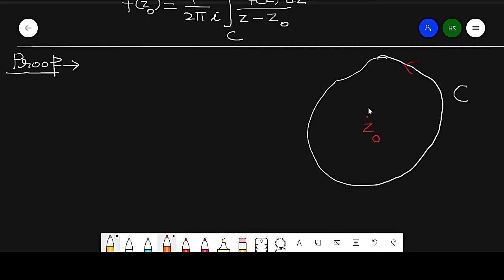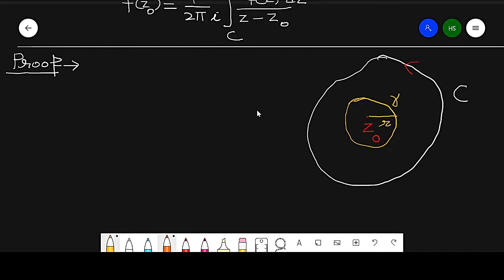Now we consider a circle which lies in C, with center z0 and radius r. Suppose this radius is r and this circle is called gamma.